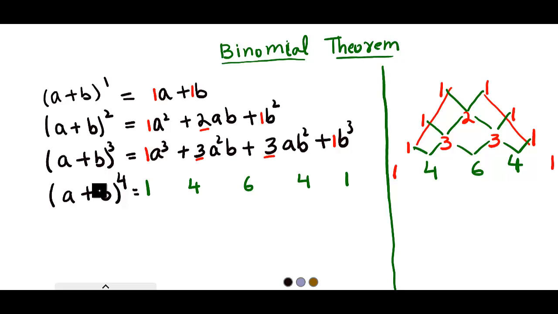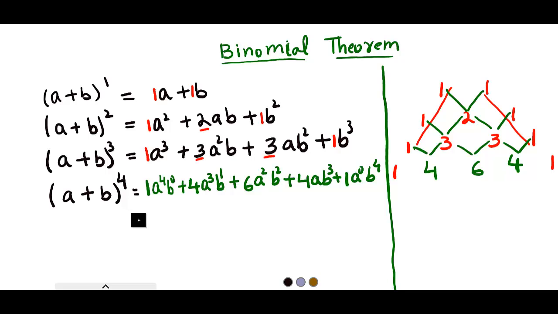So in the next expansion, A plus B power 4, we start with A power 4 and B power 0, plus, and the power of A will be in descending order and the power of B will be in ascending order. So A power 3, B power 1, then A power 2, B power 2, plus A power 1 and B power 3, plus A power 0 and B power 4.